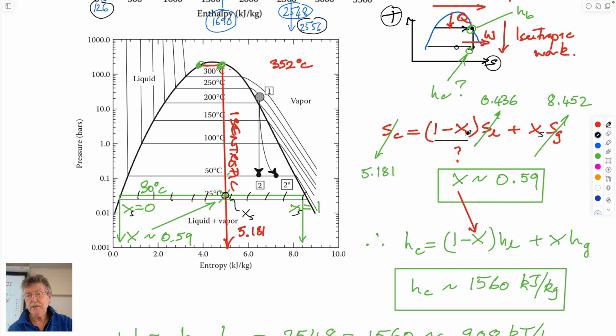This is again the steam content. 1 minus the steam content is the liquid content, multiplied by the entropy of liquid. So in other words, this portion here. So if you take the portions out from here, I see it 0.4. I'm just reading it off this upper part here.